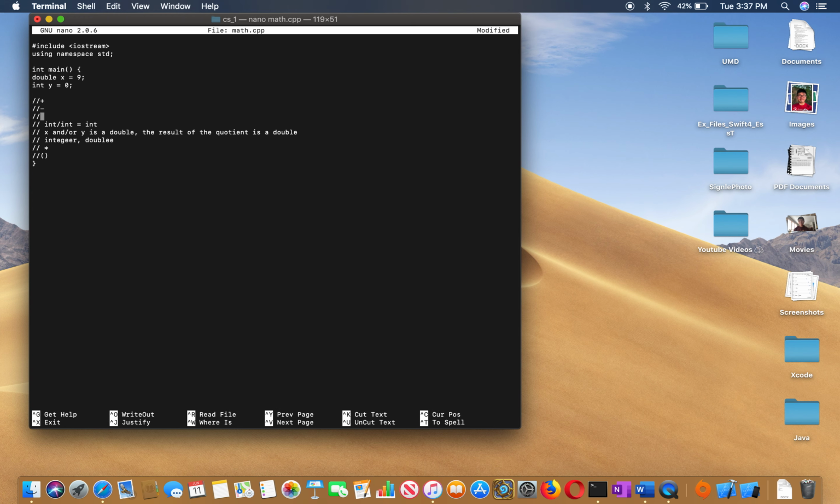We have 2 notes on division. Let's change this back to a 2. So if x and or y is a double, the result of the quotient is a double. Now let's go to multiplication.